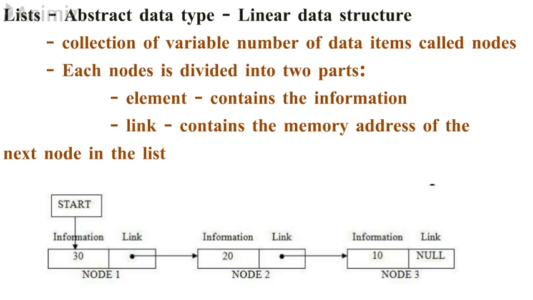Now when you see this, node 1 is the starting point where you have the start pointer. This link in node 1 points to node 2. So now this link contains the address of node 2. So each and every node contains the memory address of the next node that is present in the list.